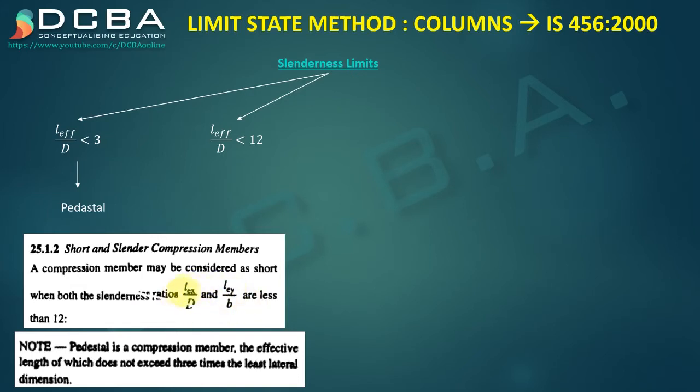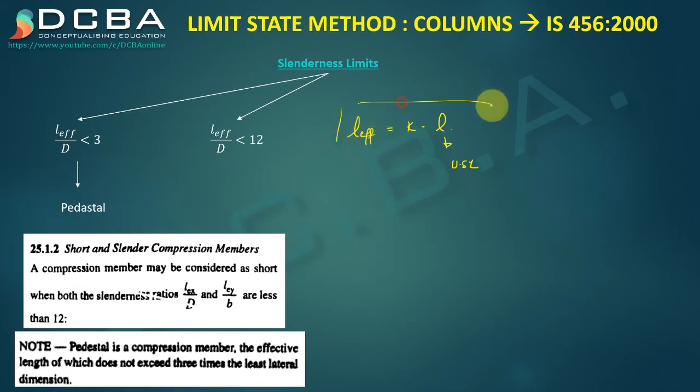Now why are these two ratios LEX and LEY given? Simply because first of all, these are effective lengths, and let me write a general formula. L effective is K times L, where L is the unsupported length, and this K we saw for different conditions we have different recommended values.